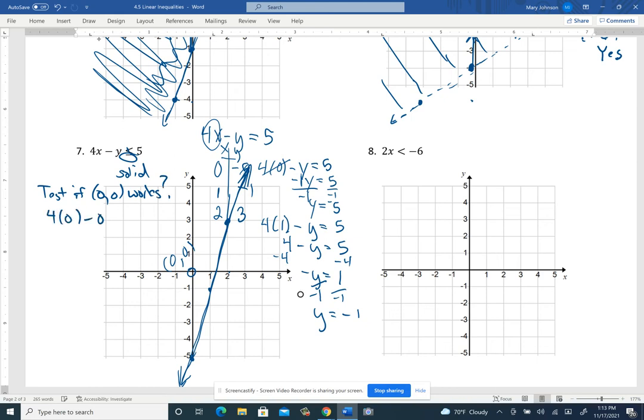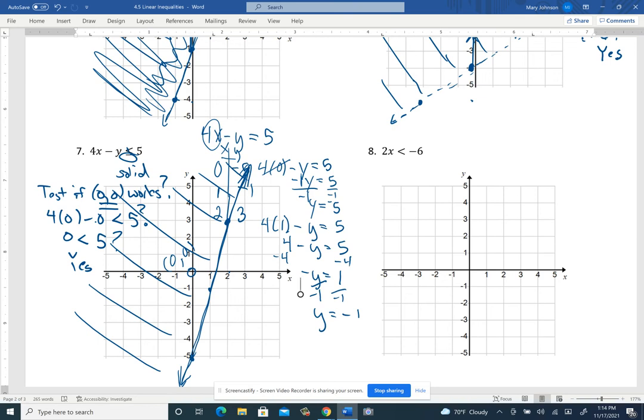So I'm going to put in 0 for x, 0 for y, and see if it works in the inequality. So is 0 less than or equal to 5? Yes, it is. So that means the point I plugged in, (0, 0), is a solution. So I need to shade the side where (0, 0) is located.